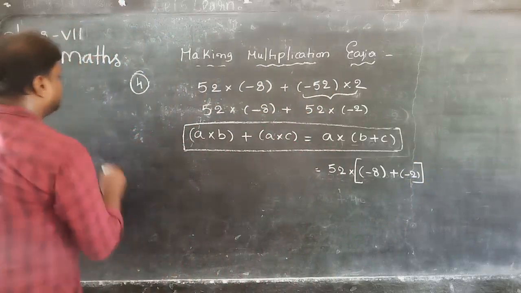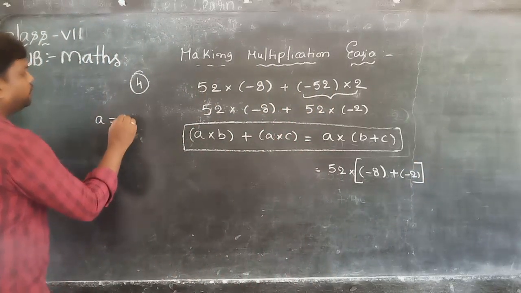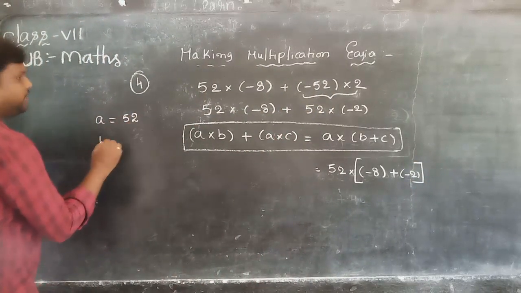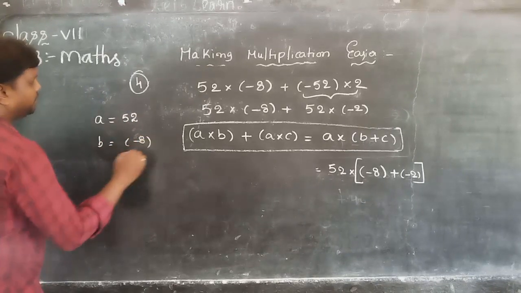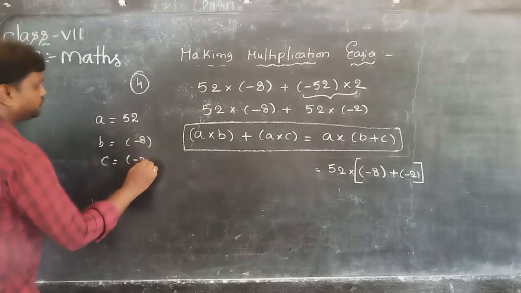In that, A is equal to 52, B is equal to minus 8 and C is equal to minus 2.